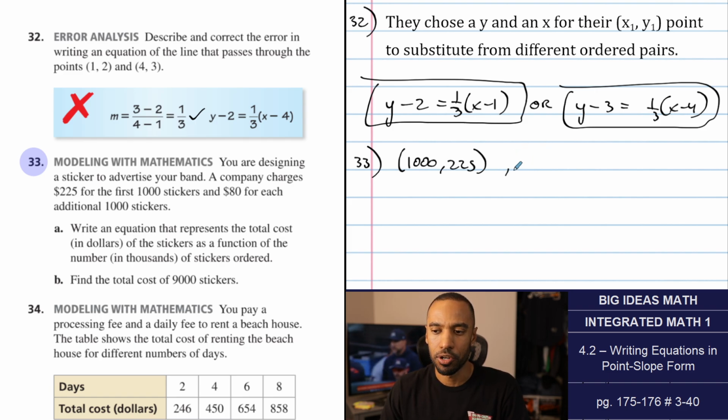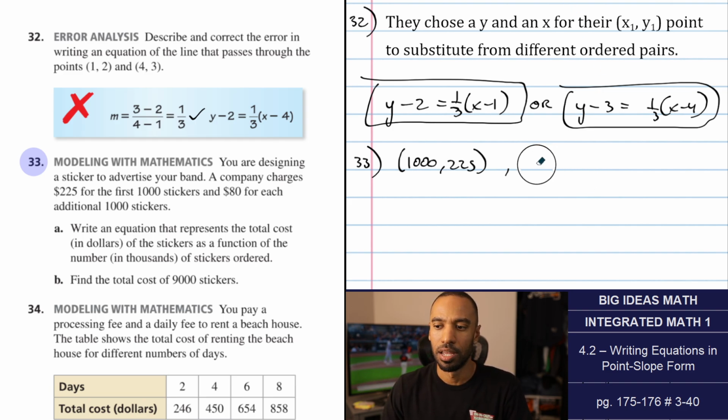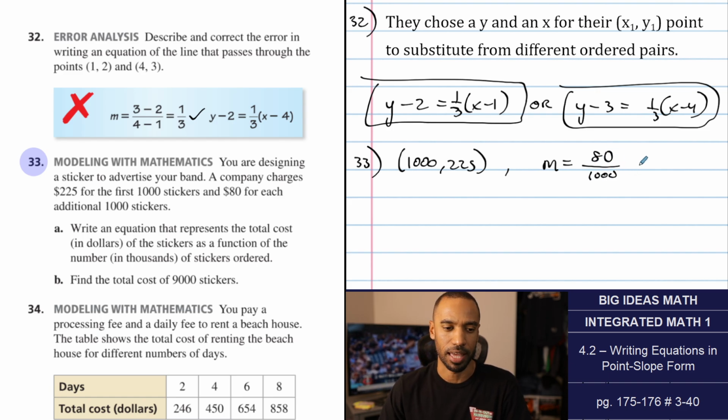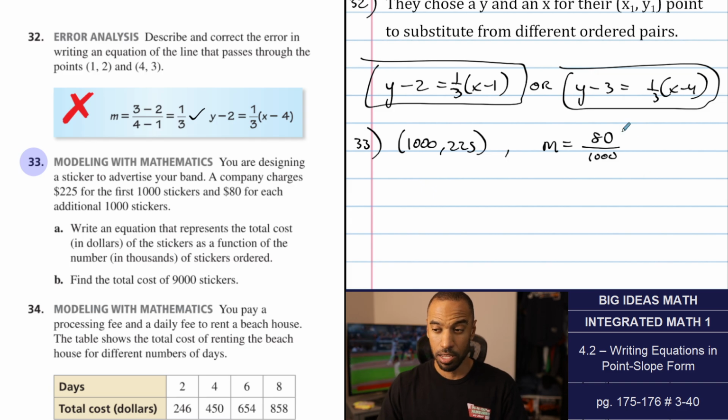So that means another set of 1,000, 2,000 would give you. Oh, you know what? I guess we don't need that. Hold on. If that's the slope, m is $80 per 1,000 stickers. How about like that? Now, 80 over 1,000 is 0.08.